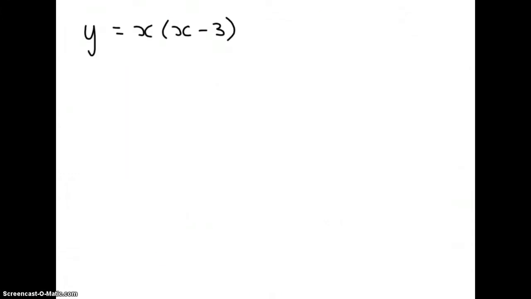Okay, so let's look at sketching this graph. So again, it's going to be a quadratic. I know that when I multiply this out, I'm going to get a positive x squared. So it's going to be a U-shaped curve. If I look this time at where it's going to cross the x-axis, it's going to cross the x-axis when y is 0.